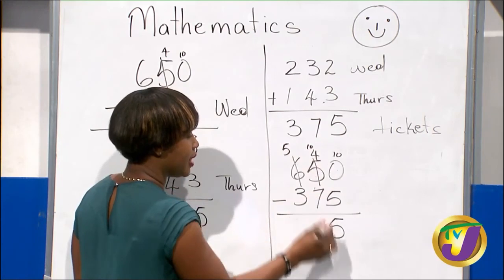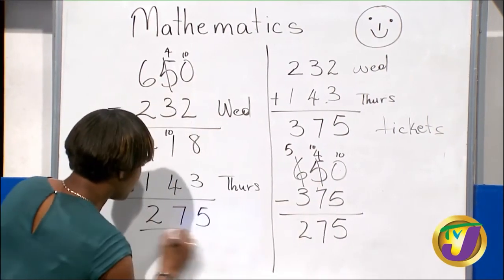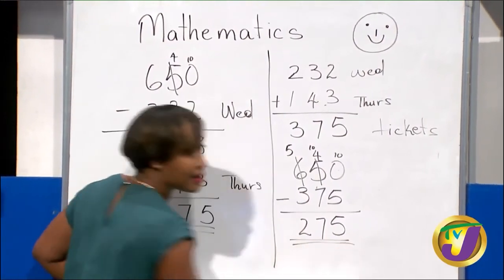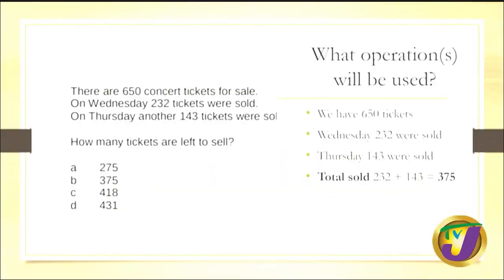So now I have 14 take away 7, 7. 5 take away 3. And I want you to pay keen attention. Your answers are the same, it doesn't matter the method that you used. Your answers should be the same. Okay, I didn't finish it. Okay, there you go. Total tickets left would be 275.